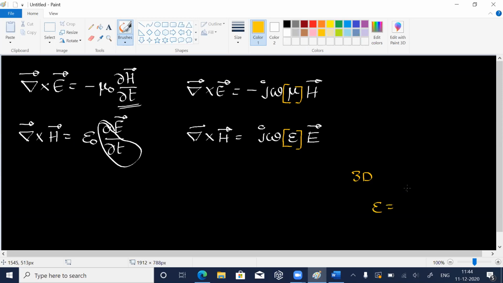Epsilon is a 3 by 3 matrix, with epsilon 11, epsilon 12, epsilon 13, epsilon 21, and so on, up to epsilon 33. So you have 9 elements for epsilon if you go to 3 dimensions. But really, we're not accounting for all these things, because this is true in an inhomogeneous medium.